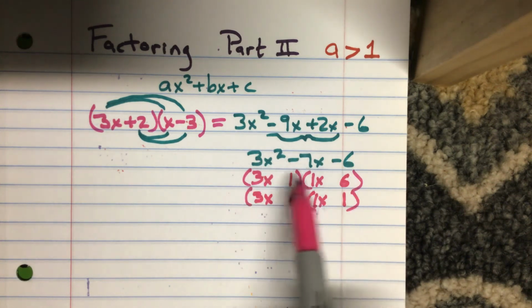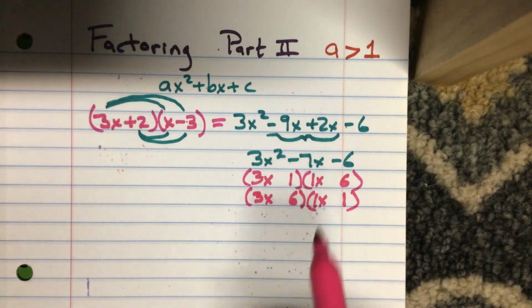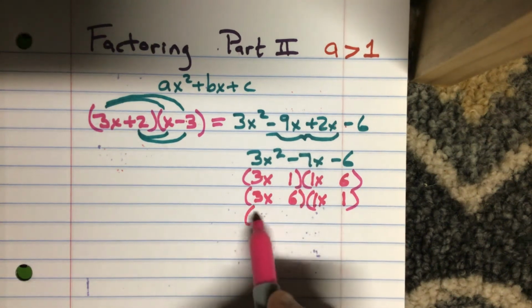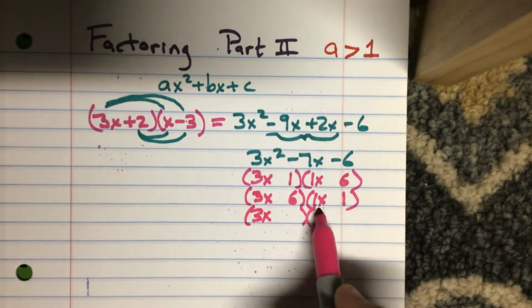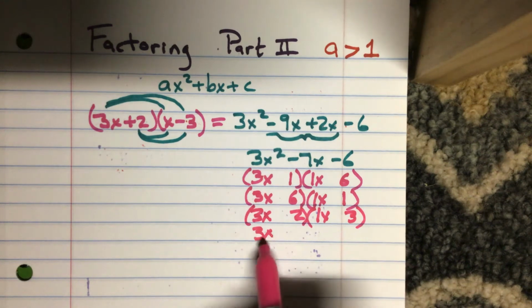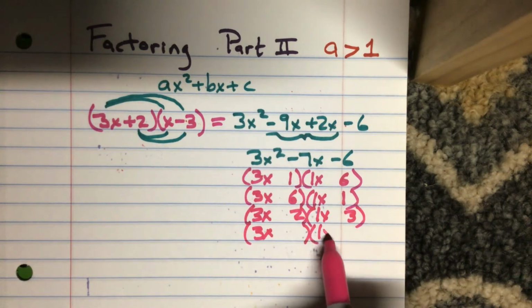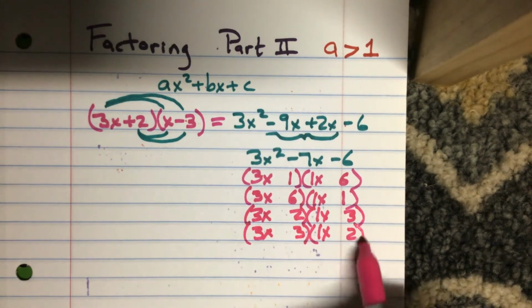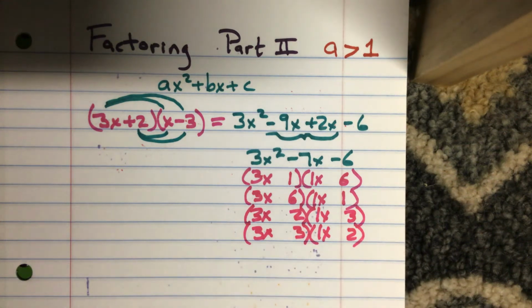It's the outer and the inner combination, as I said in the last video, that make this 7 here, and that's what we're trying to get. It could also be 2 times 3, or 3 times 2. All of those combinations make 6. And so now we just have to check them and see which one works.